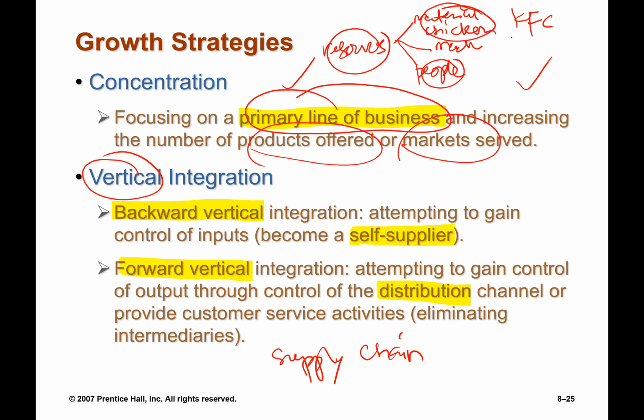You control the resources, the raw material, and then the manufacturing, the factory. And KFC do have a factory that cuts the chicken and handles all kinds of spices, everything at their own factory.